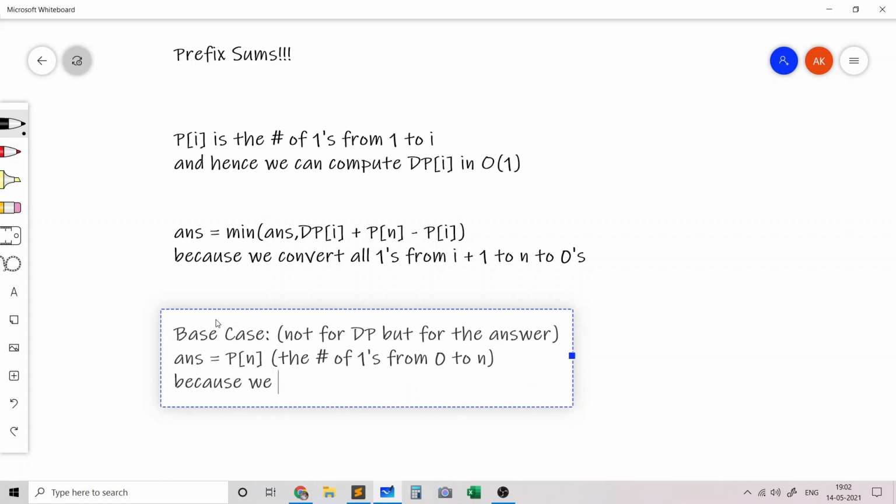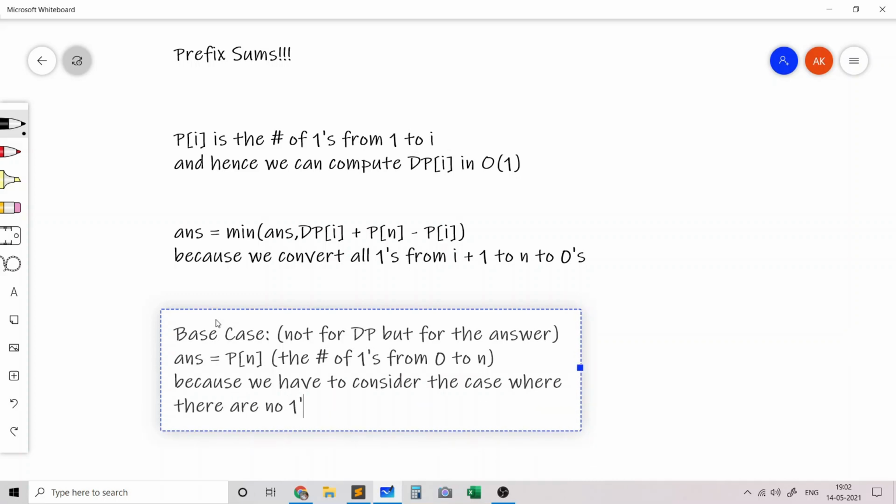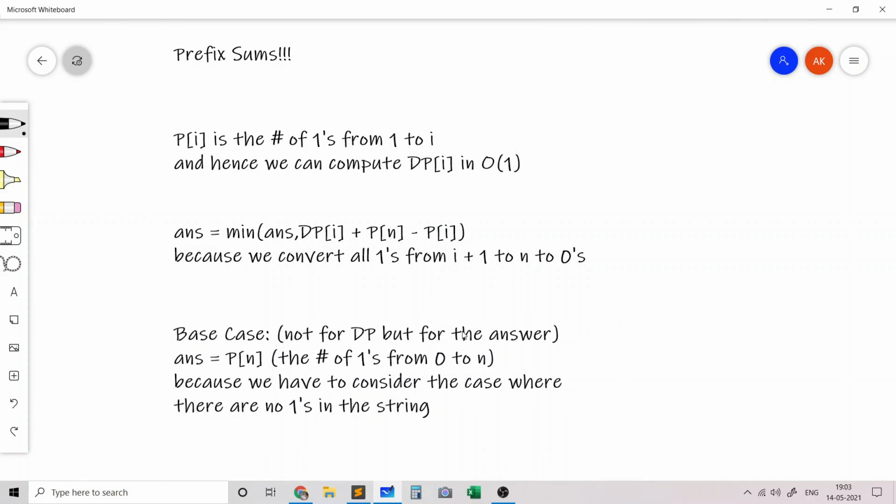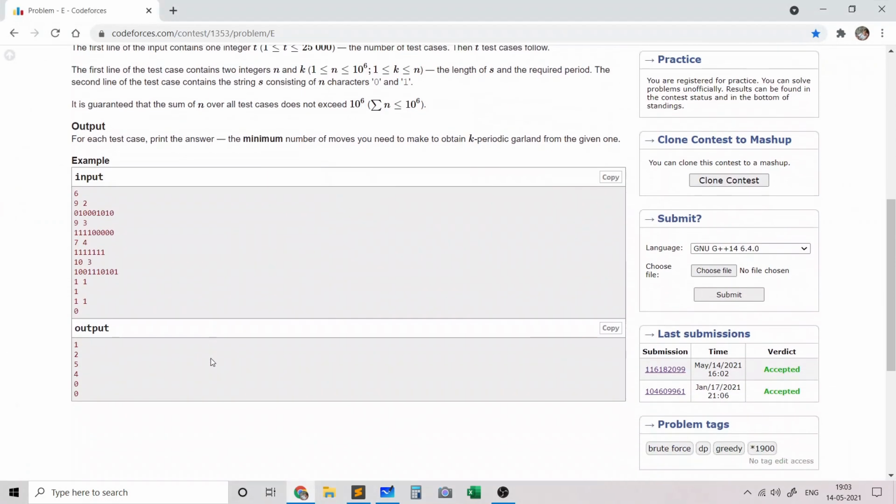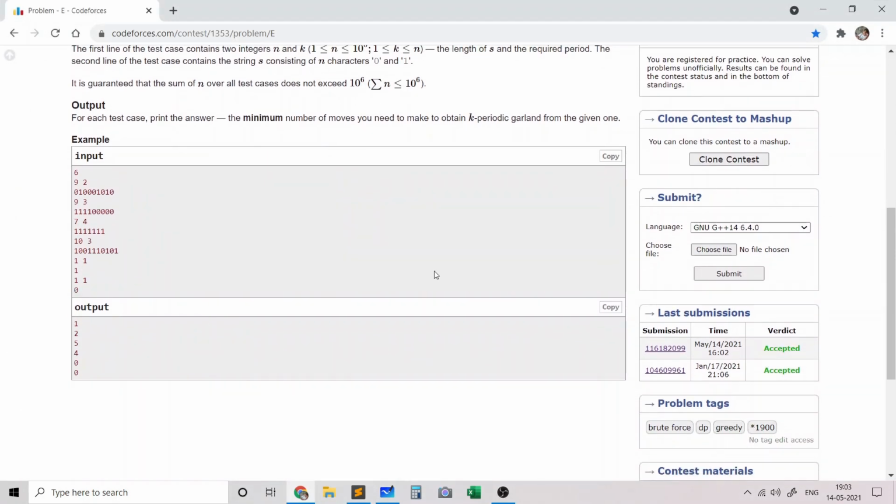Because we have to consider the case where there are no ones in the string, and that's why if you did not initialize this to prefix sum of n, then what you would notice is that you would get a wrong answer on this test case.